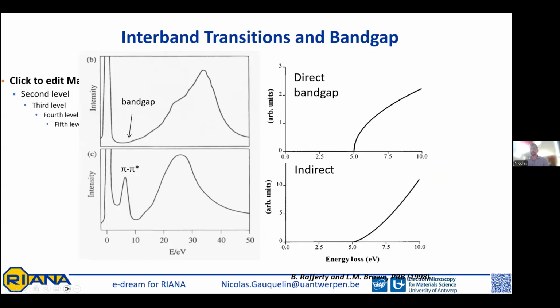The definition of those band gaps and the exact determination of their energy is not that straightforward, but can be done with careful care. And what you can see here is a pi star peak, like on graphene. This pi star is actually due to an interband transition.